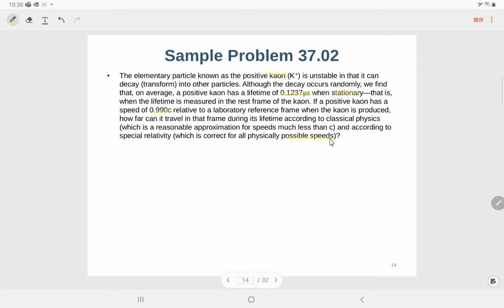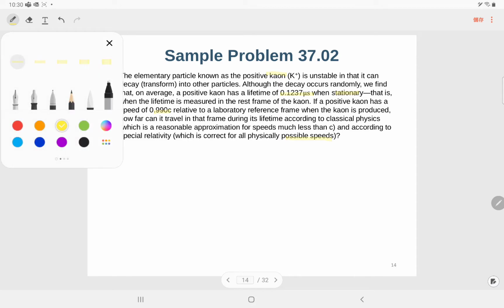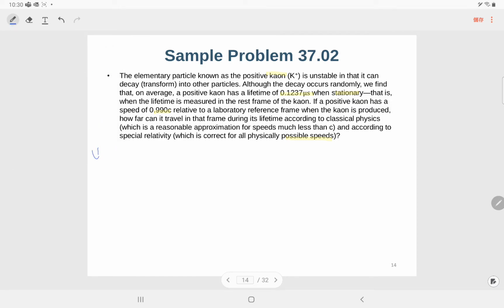So first one, according to classical physics, 根据古典物理的话, it's only v times delta t, where v is 0.990 c.